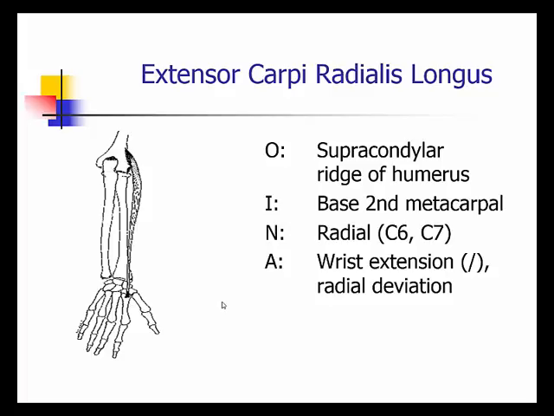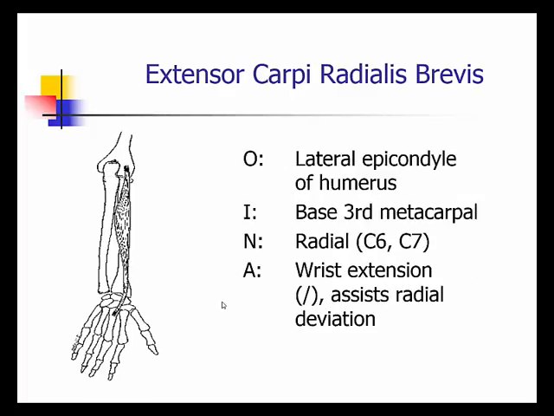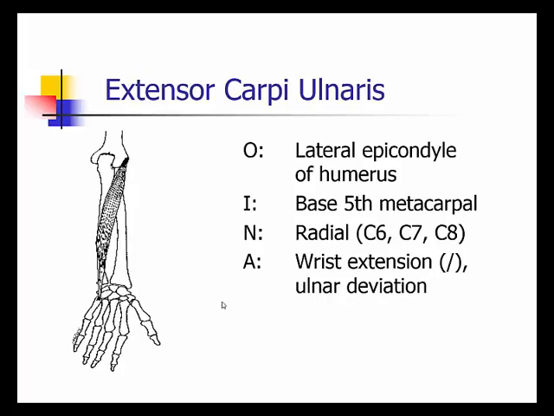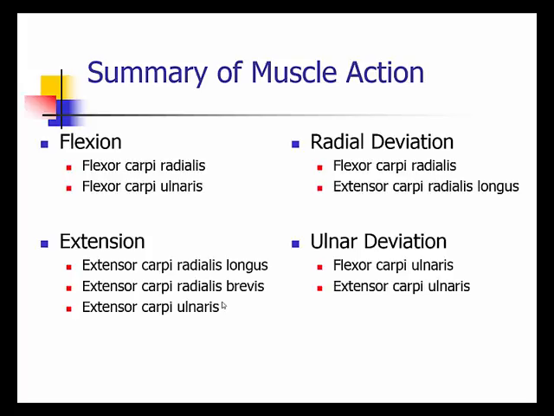All right, moving on to the extensor group. So you have extensor carpi radialis longus, extensor carpi radialis brevis, extensor carpi ulnaris. All right, here's a summary of the muscle actions, and keep in mind with the muscle actions here, for example, radial deviation is a co-contraction of prime movers. So flexor carpi radialis and extensor carpi radialis longus are what create radial deviation.